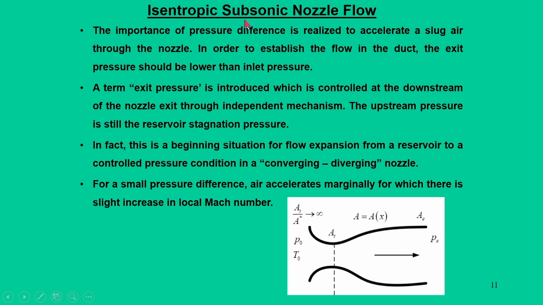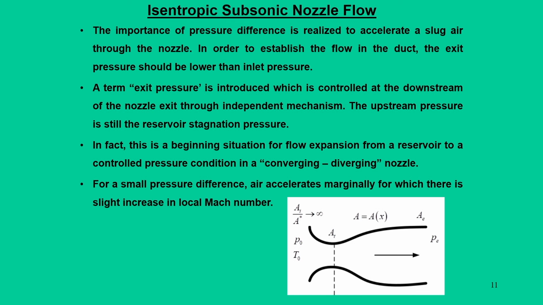Now, let me discuss isentropic subsonic flow in the nozzle. You recall our earlier analysis, where for isentropic subsonic and supersonic flow we established the isentropic relations, and once we follow those relations, we can establish a supersonic nozzle flow. Now, let us see another situation where we want to establish a subsonic flow.